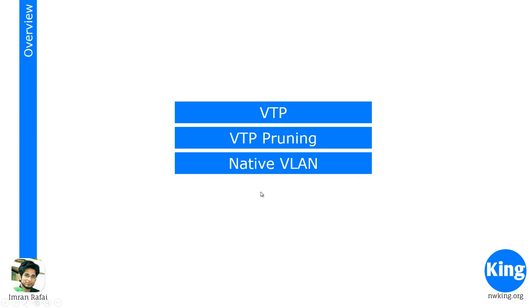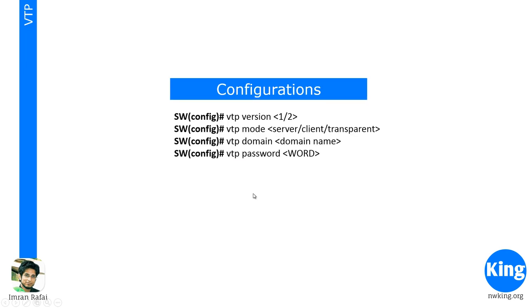So we have discussed VTP in one of our earlier videos, that is VLAN trunking protocol. But like I have told you, whenever you hear VTP or VLAN trunking protocol, the first thing that should come to your mind is VTP is not a trunking protocol, right?